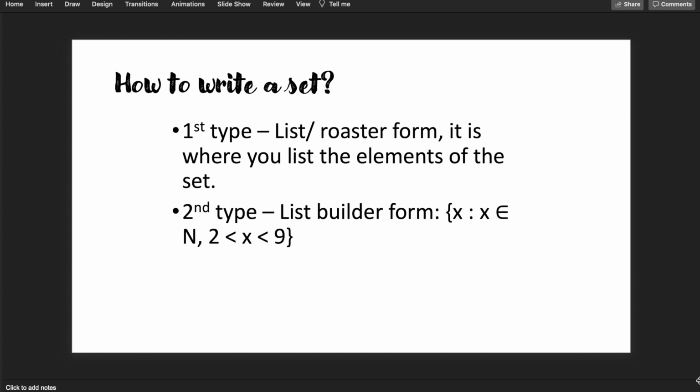So this says all x such that x belongs to, or is a member of, natural numbers where 2 is less than x is less than 9. So the elements which fall into this set are 3, 4, 5, 6, 7, and 8. So you can do this for as many sets as you want.